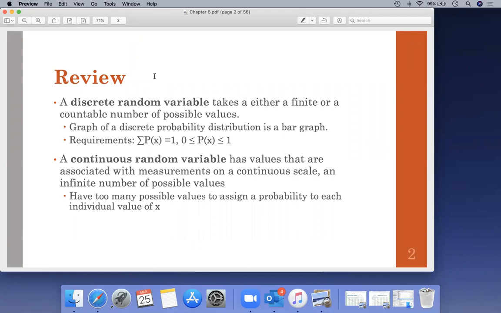Then the next one is, what is a continuous random variable? If you have infinitely many possible values, we can say it's a continuous random variable. For example, consider the number of possible values between 1 and 2.